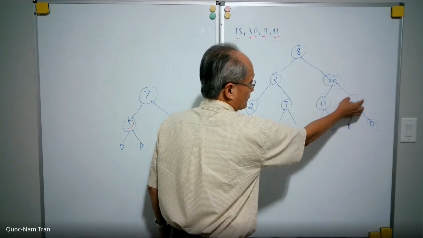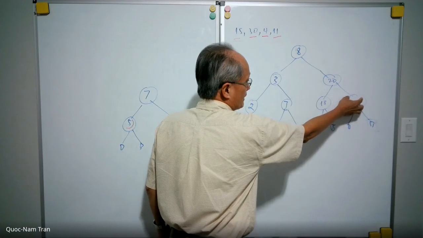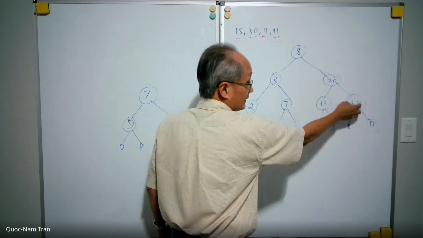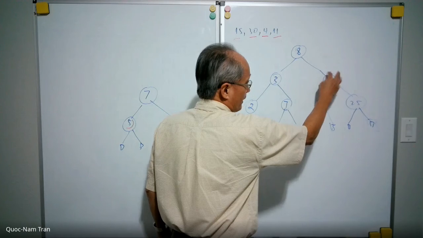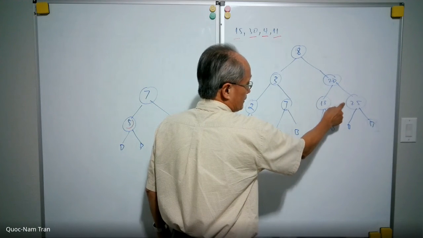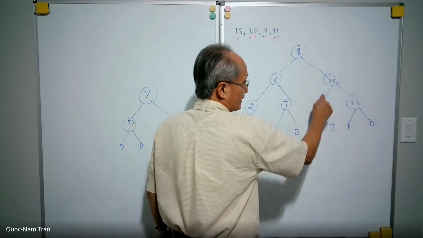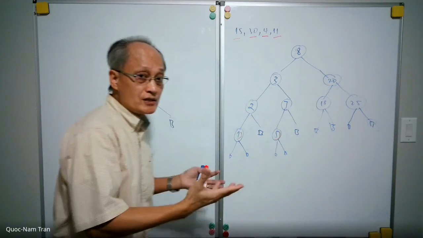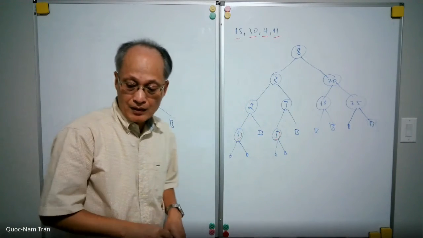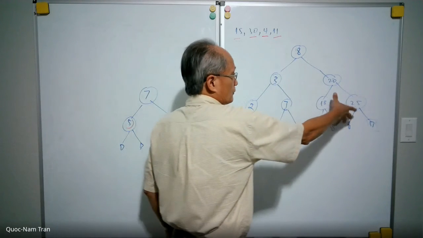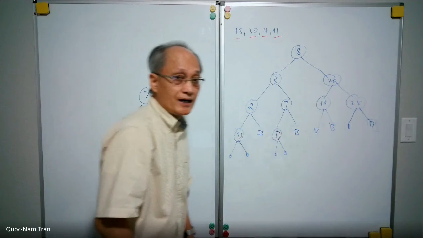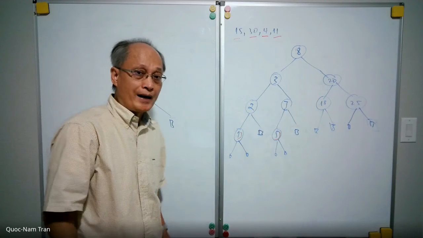Just follow the link and change the parent to 8, right? Bring this one down, meaning change the parent to 25 now, right? Okay. So changing the parent takes only big O(1) time. So any rotation takes only big O(1), right?